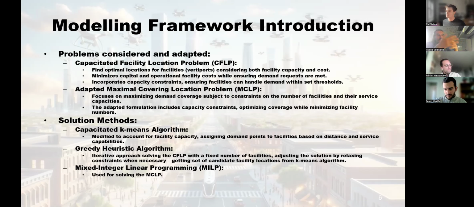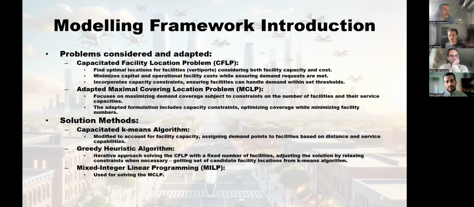The adapted formulation includes capacity constraints again. The emphasis on capacitated formulations was given because an uncapacitated facility location problem is not so realistic compared to the capacitated version. The solution methods we wanted to try and compare are a capacitated K-means algorithm, a greedy heuristic, and a mixed integer linear programming formulation for the maximal covering location problem.